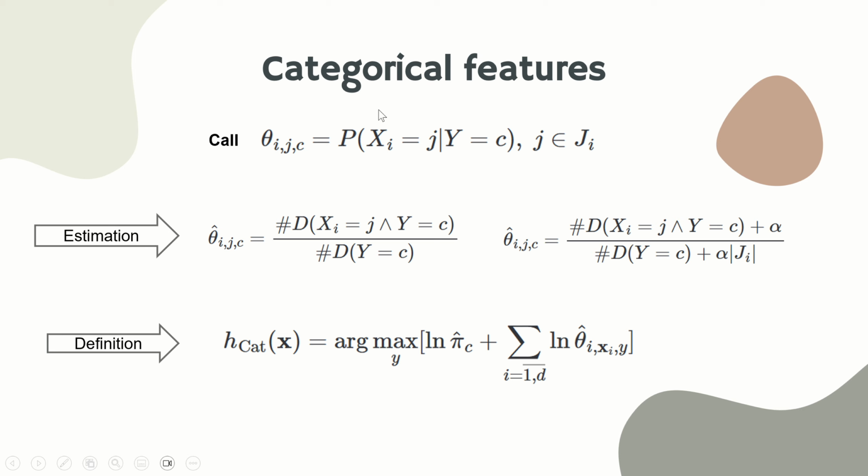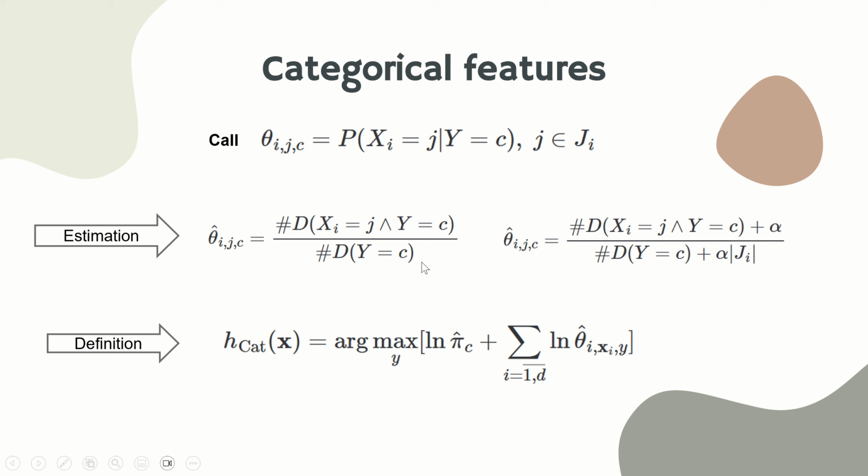The feature is taken from a categorical distribution, so we can estimate it using MLE or MAP. MAP is also called Laplace smoothing. Just add some number here and here to prevent overfitting.